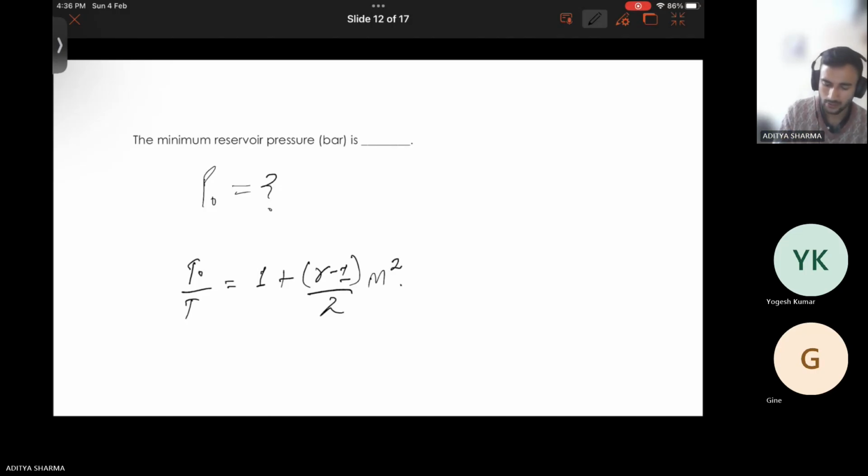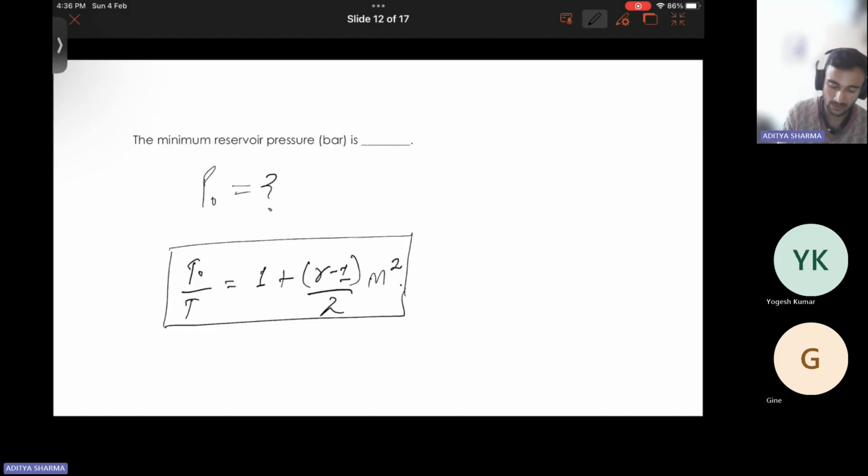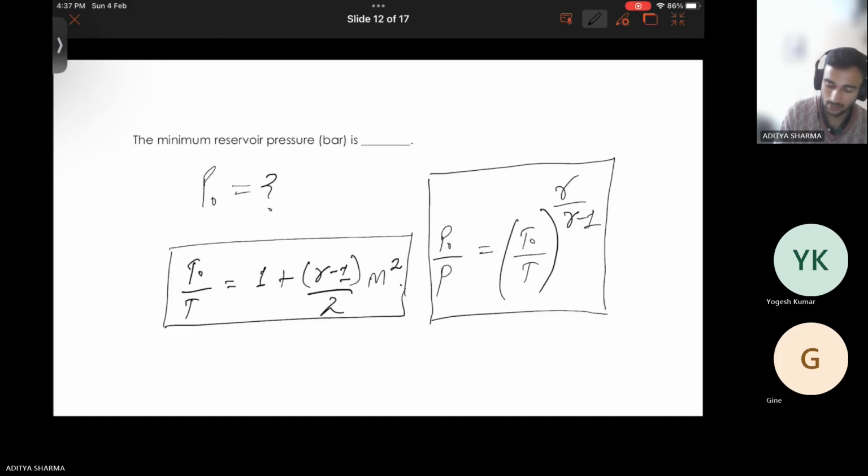Then P naught by P is T naught by T to the power gamma by gamma minus 1, and there is also the relation for density, which is rho naught by rho equal to T naught by T to the power 1 by gamma minus 1.